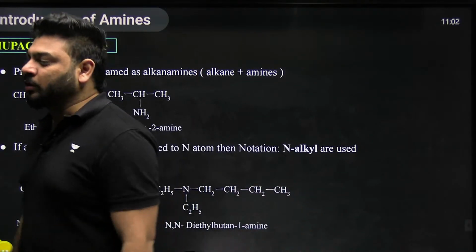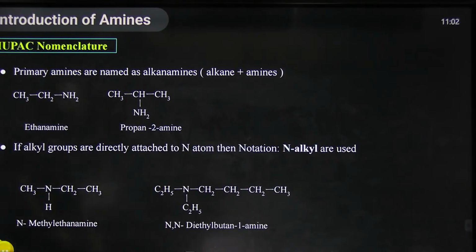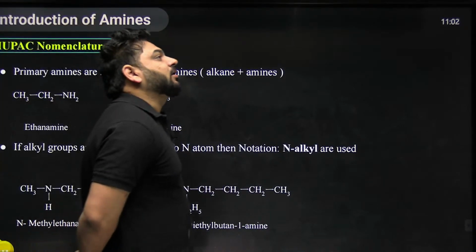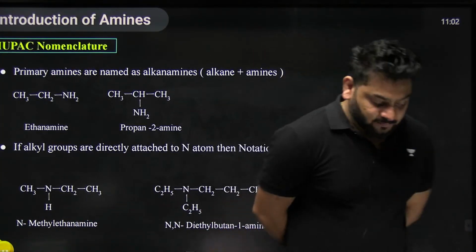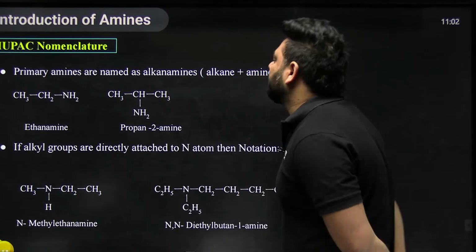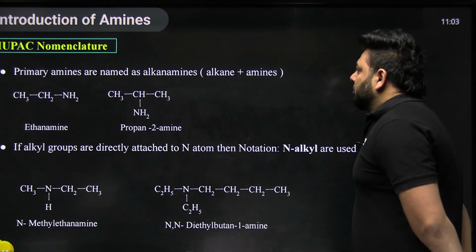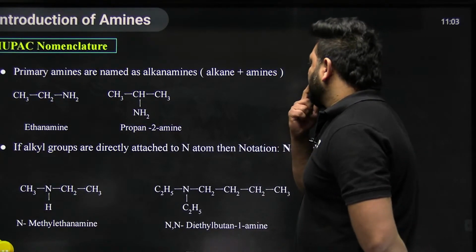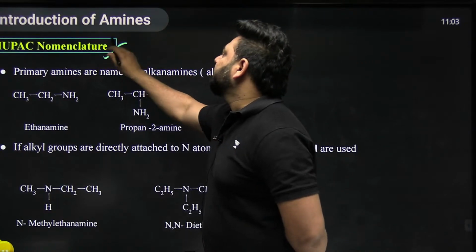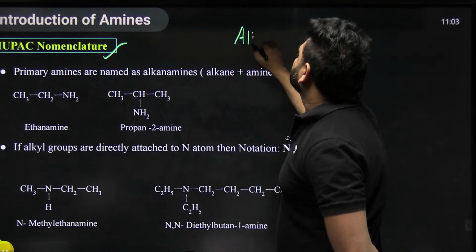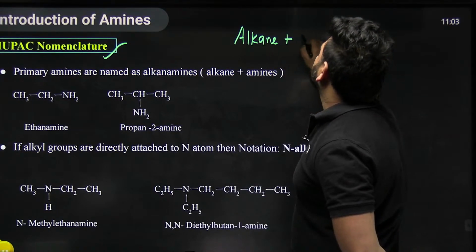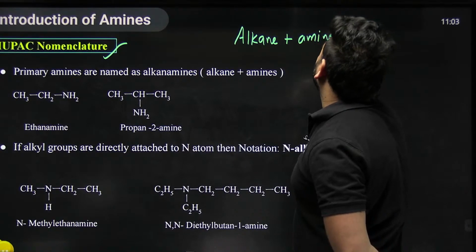Now we'll try to name them. We already covered this part of naming in our GOC first lecture, but not a problem, we'll revise this concept. If we talk about their IUPAC naming, they are like alkane plus amine along with their position.